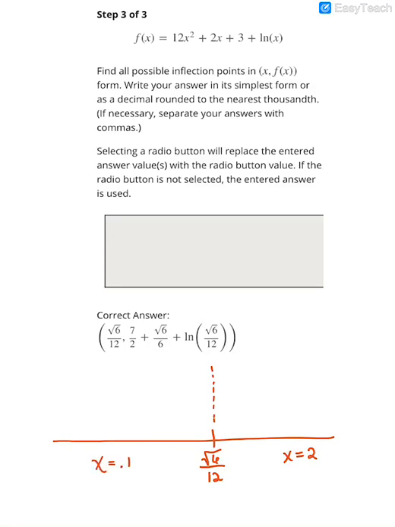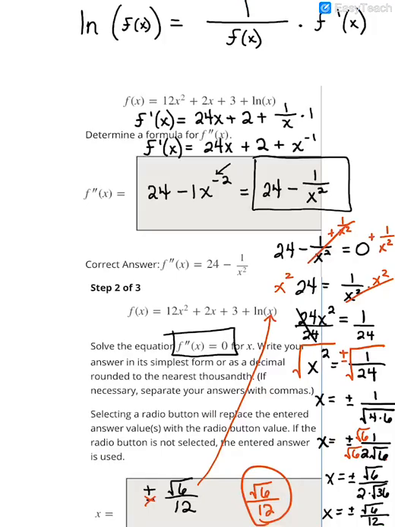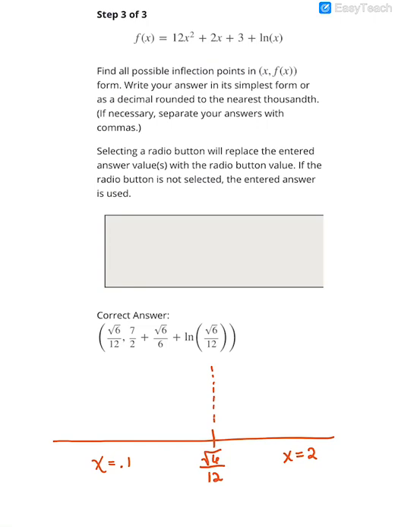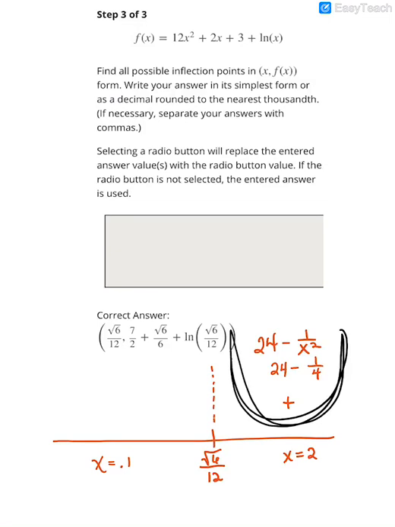Okay, so as I go back to pick up my second derivative, my second derivative was equal to 24 minus 1 over x squared. So when I plug in 2, I get 24 minus 1/4, so that is a positive value. That definitely tells me that my graph is going to be concave up on this interval.